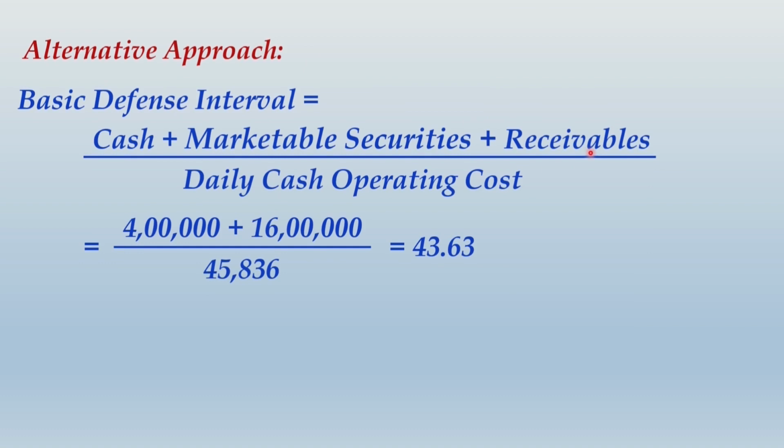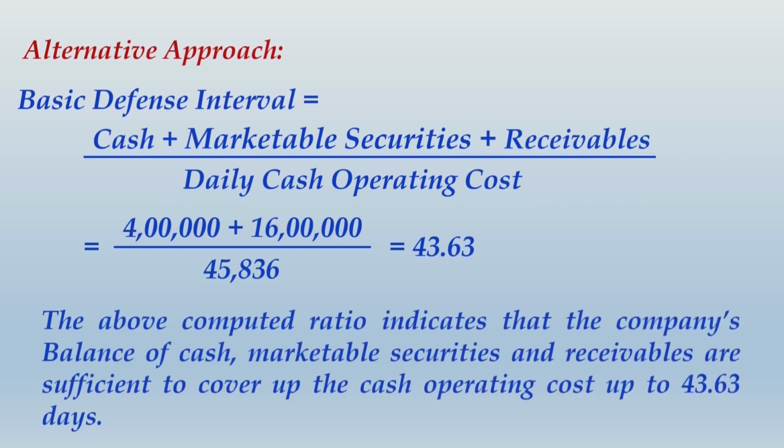That means you are indirectly assuming that your receivables are easily convertible into cash, and based on that you are applying this calculation. So the interpretation is: the above computed ratio indicates that the company's balance of cash, marketable securities and receivables is sufficient to cover the cash operating cost up to 43.63 days.